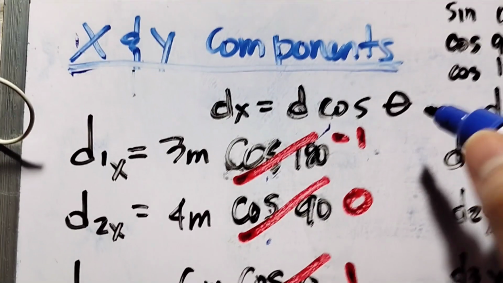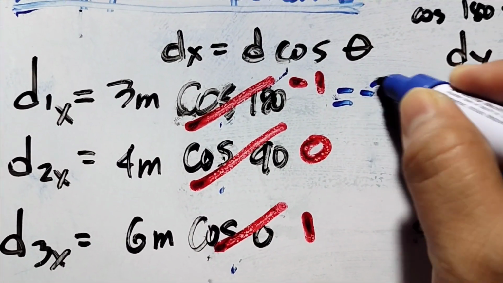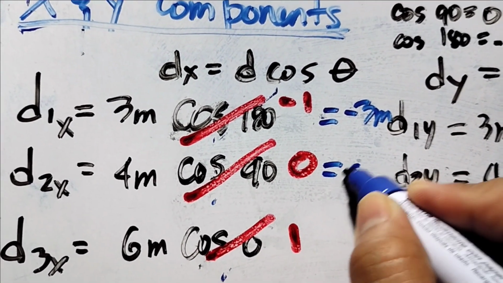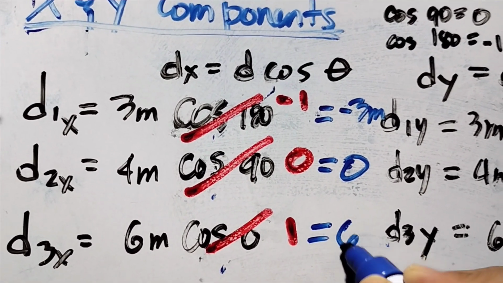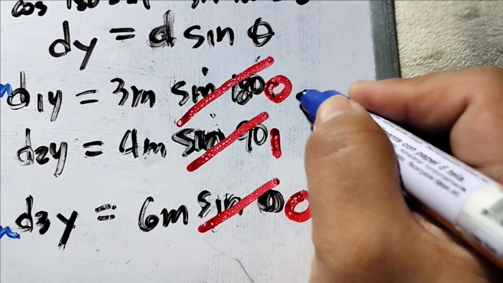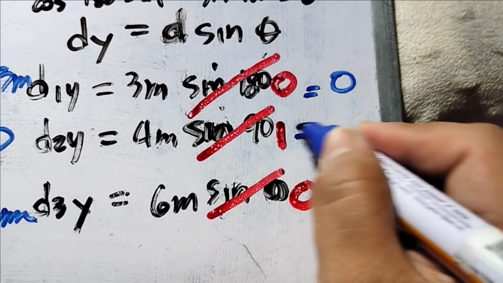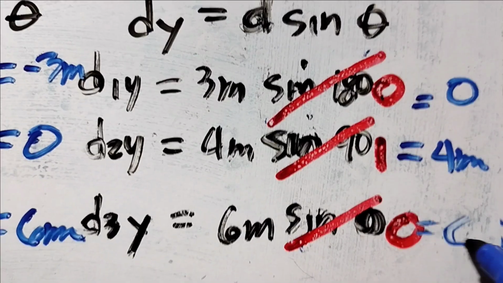Multiplying this, 3 meters times negative 1 is negative 3 meters. This is 0 for D2, and then this is 6 meters. For the y components, D1y is 0, D2y is 4, and D3y is 0.